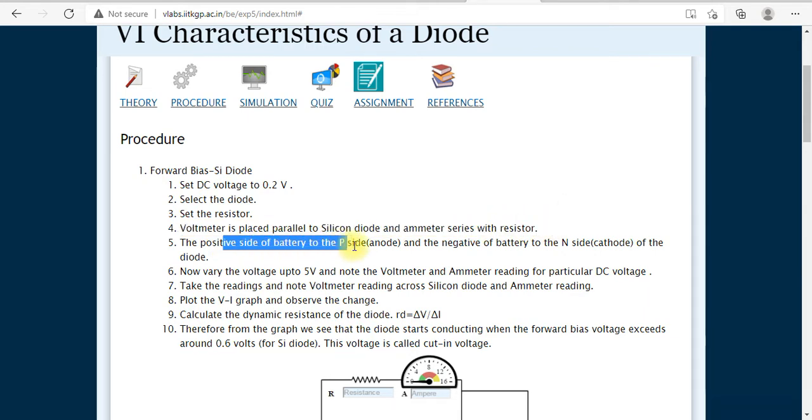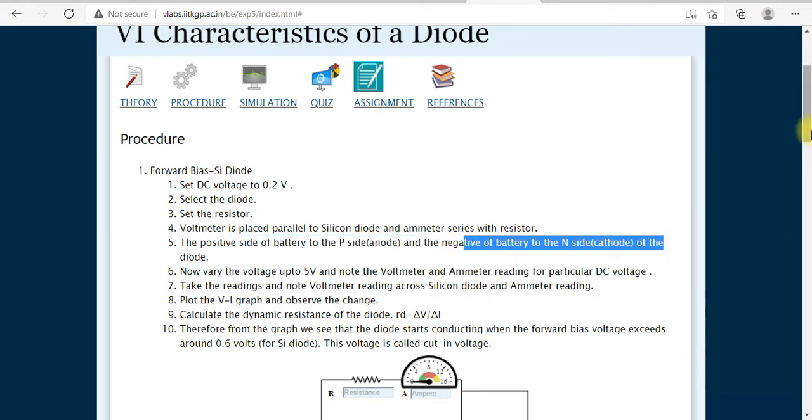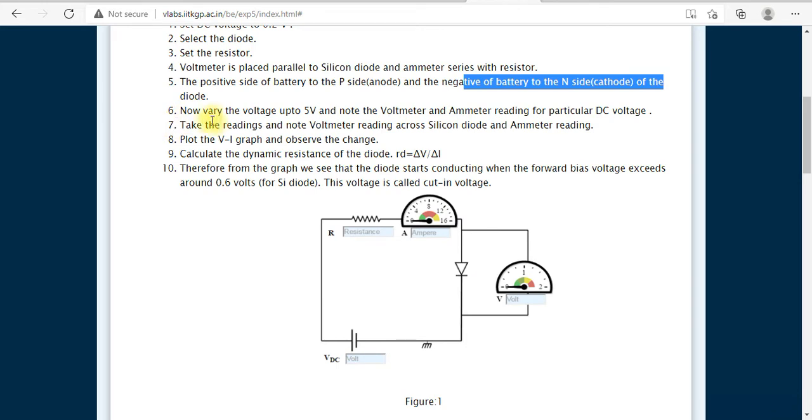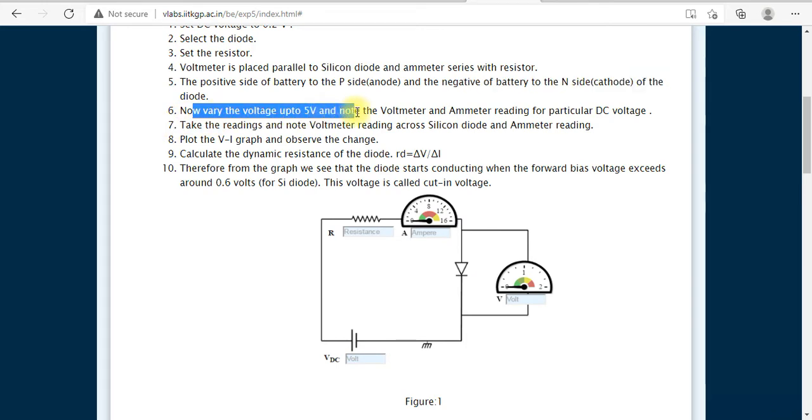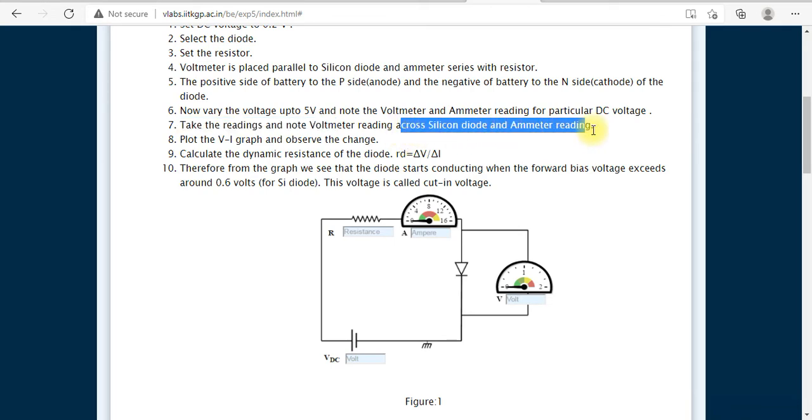The positive side of the battery goes to the P side and the negative side to the N side. Now vary the voltage up to 5 volt. Note the voltmeter and ammeter. For each particular DC voltage, take the reading and note the voltmeter reading across the silicon diode and the ammeter reading, plot the VI characteristics graph and observe the change. Calculate the dynamic resistance of the diode.